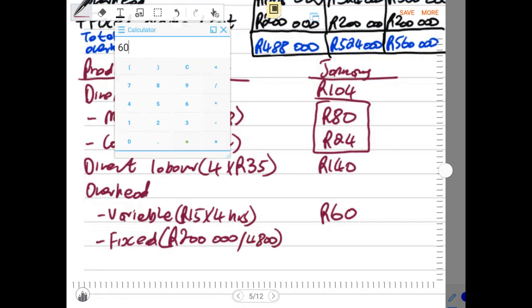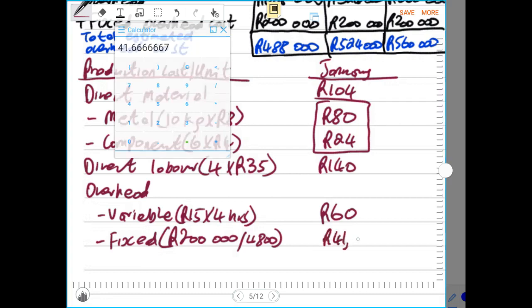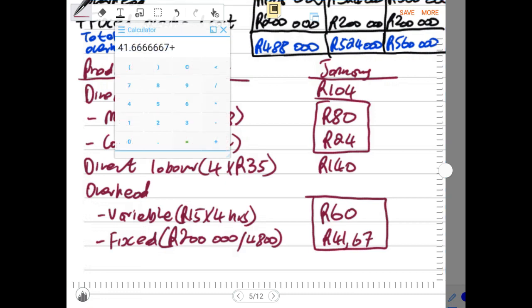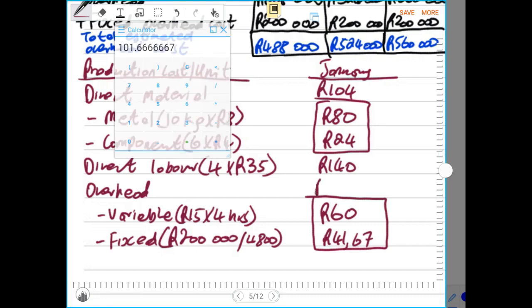It will be 41 rand 67 cents, rounded to 2 decimals, plus 60. This will give us 101.67.